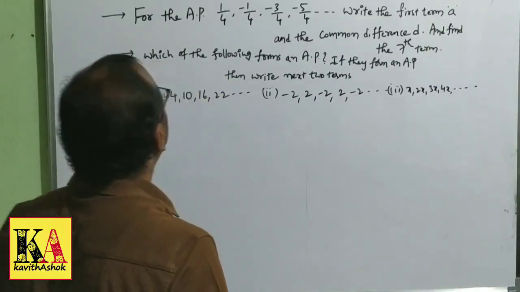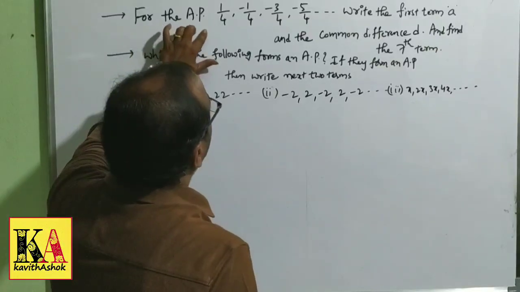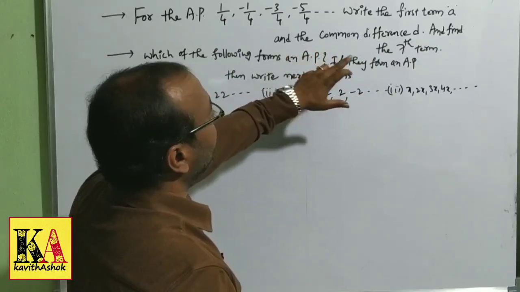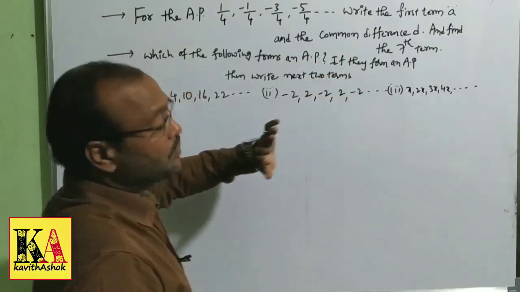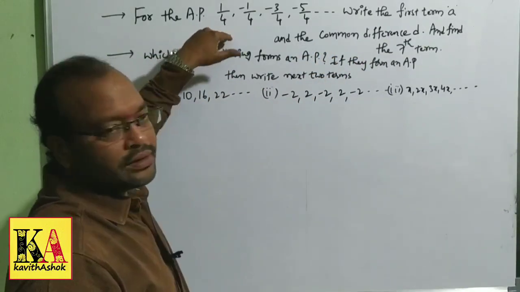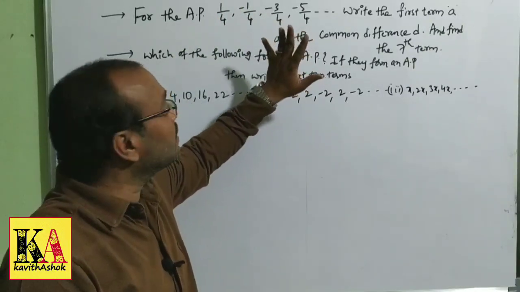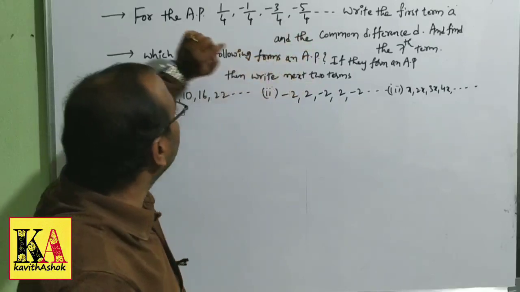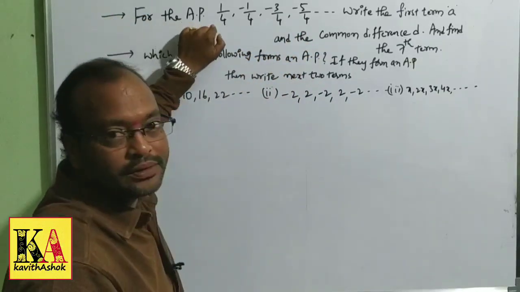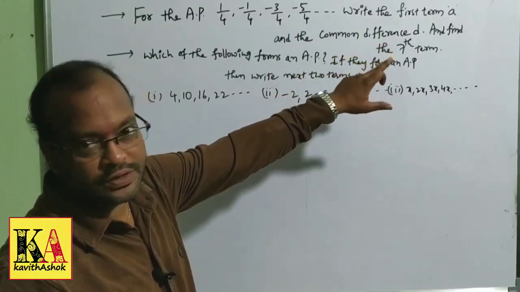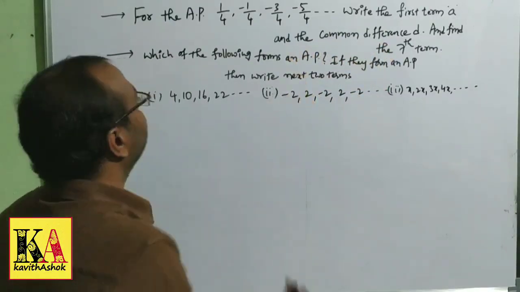Right. For the AP, one problem is given: write the first term A and the common difference D, and find the seventh term. When the problem is like this, there is no need to check whether the given series is an arithmetic progression, because it is already specified that it is an AP. We have to find the first term, the T1 term.